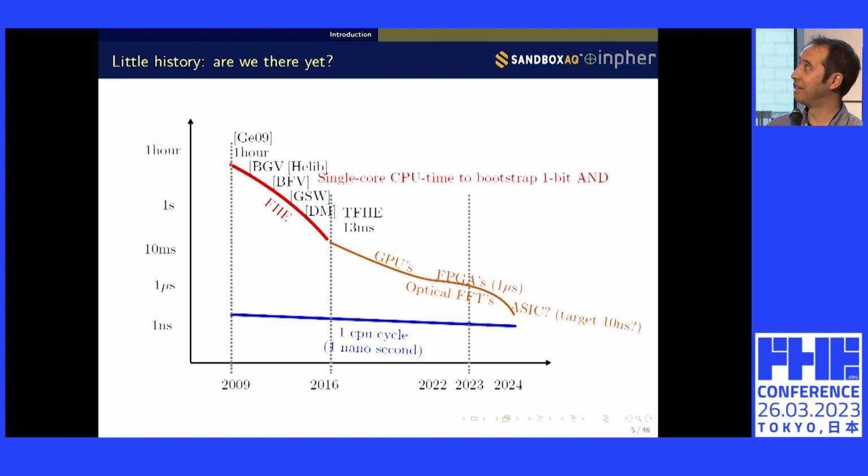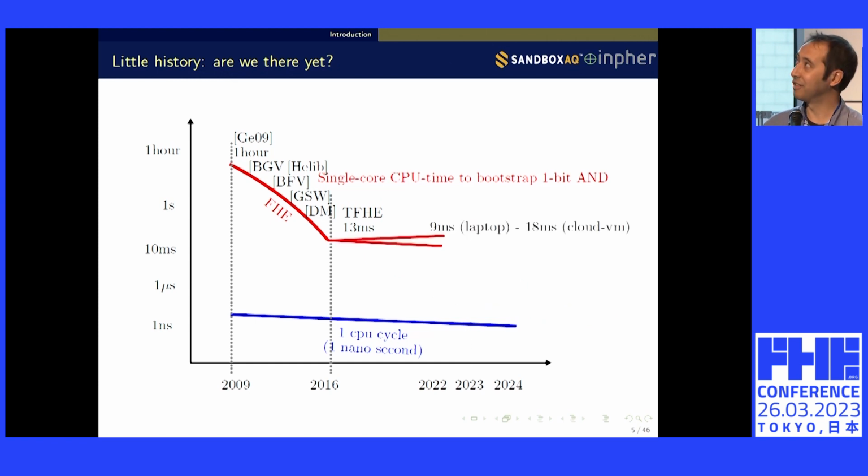So we started to have speed up, like 100x speed up in GPUs, maybe 1000 in FPGA, then some optical systems that managed to replace the FFT by physical computation, and probably next year there will be the first ASIC that do homomorphic encryption with a target of achieving a factor 10x compared to plaintext. But all of that are hardware optimization.